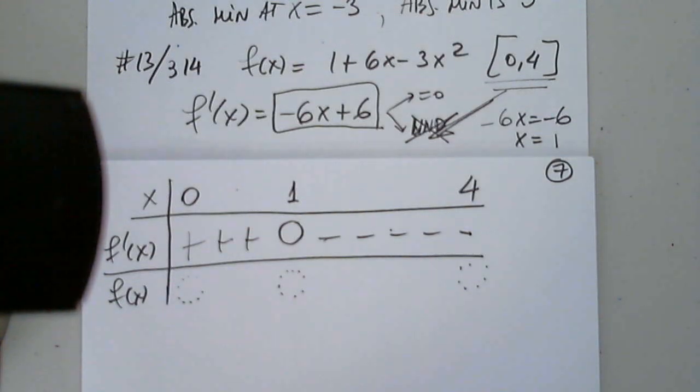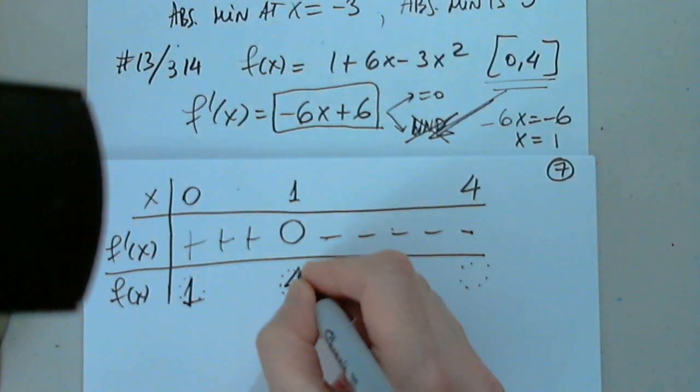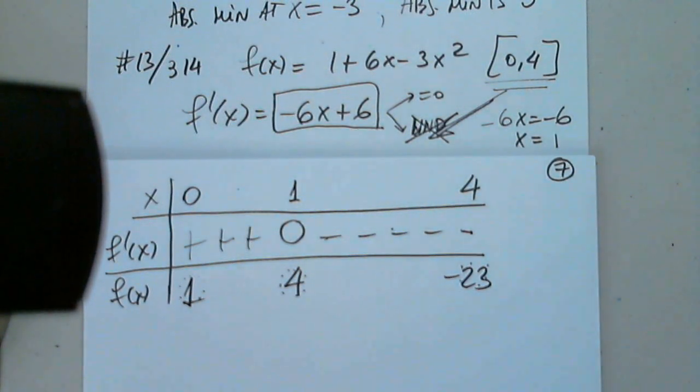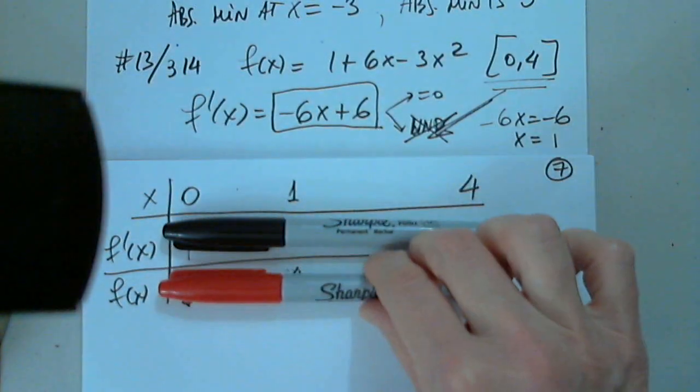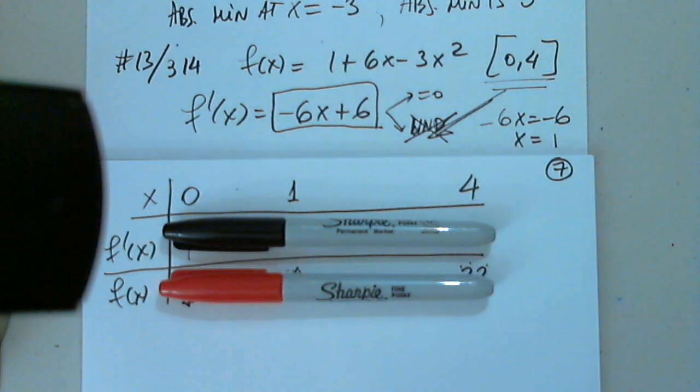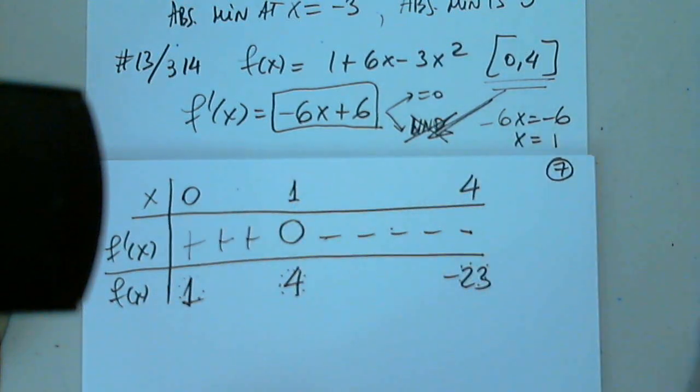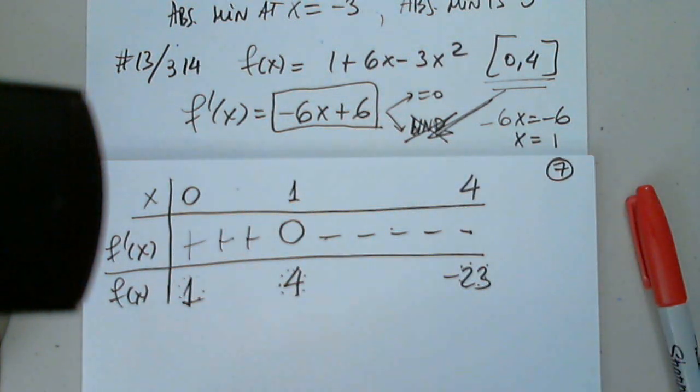And I plug in 0, and then 1, and then 4, and I got 1, 4, and negative 23. Perfect. Now remember, this row has to work well with this row, otherwise there is an error. If these do not work well, then I'll say oops and go back to the drawing board.